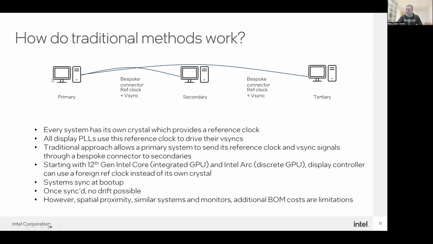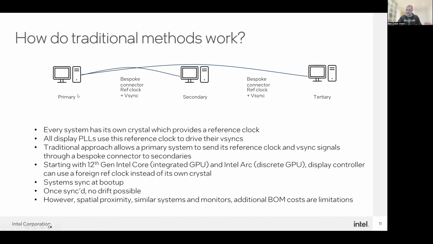So you similarly have the primary, secondary, and tertiary systems you're looking to synchronize the output of, or graphics cards as these could be. And what vendors tend to have is a bespoke connector. This can look like a small bit of cable that will connect between the cards or the systems. And what this is doing is passing a reference clock and video timing signal, the VSync signal I talked about before, between each of the systems.